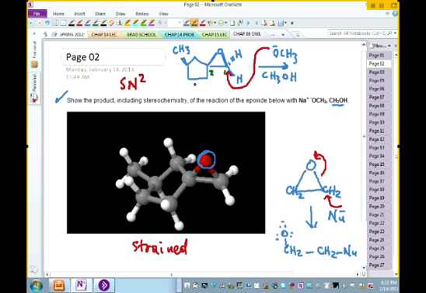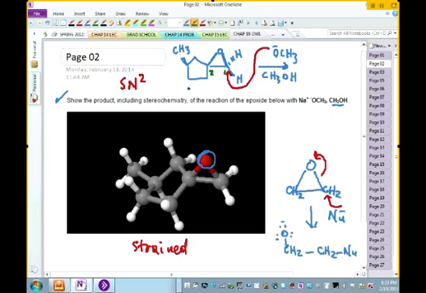Keep in mind we say this is an SN2 reaction. It is going to be 1, because the SN2 reaction takes place on a primary or secondary carbon.